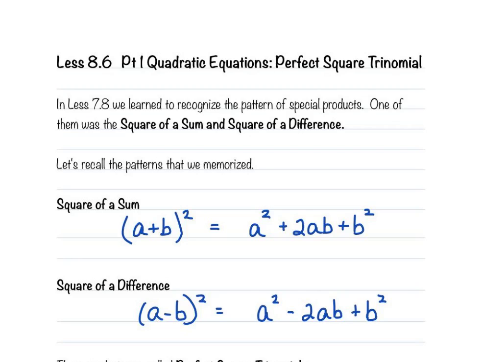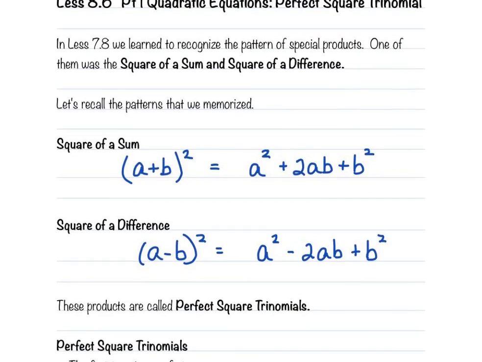In Lesson 7.8, we learned to recognize a pattern of special products. As we went through in Lesson 8.5, the first one that we looked at was the difference of squares. Well, this one is the square of a sum and the square of a difference. Okay, let's recall the patterns that we memorized back in 7.8.